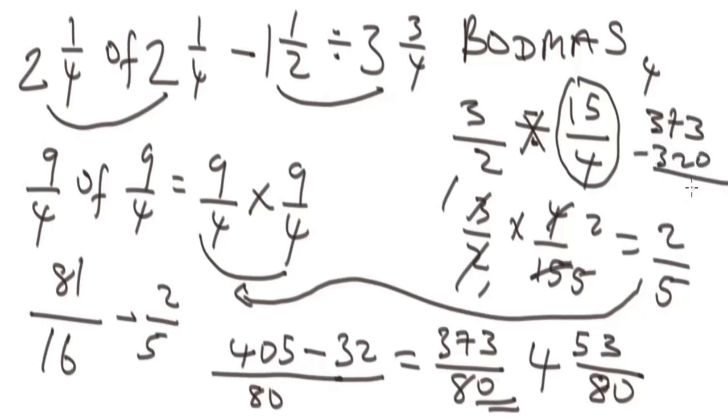If you do the math, you're going to have 53. 80 into 373 gives us 4 remainder 53. Then over this 80, if you are leaving it in mixed fraction like this, this can work, and this can also work. Any of them depends on the one you want to work with or leave the answer in.